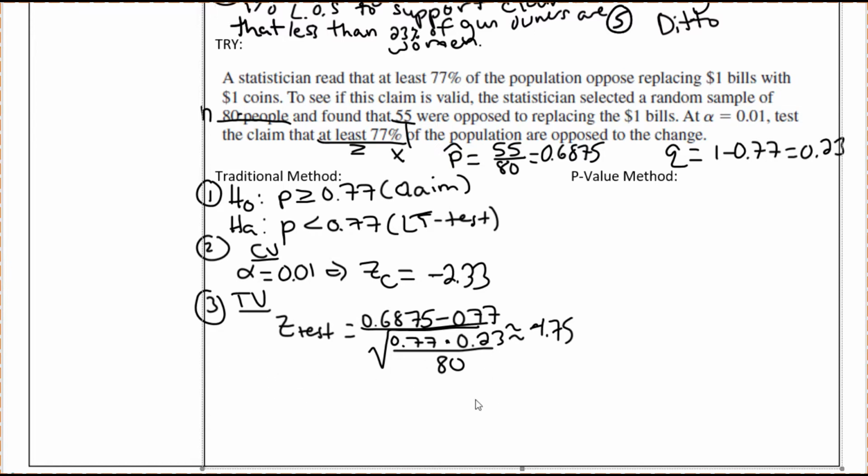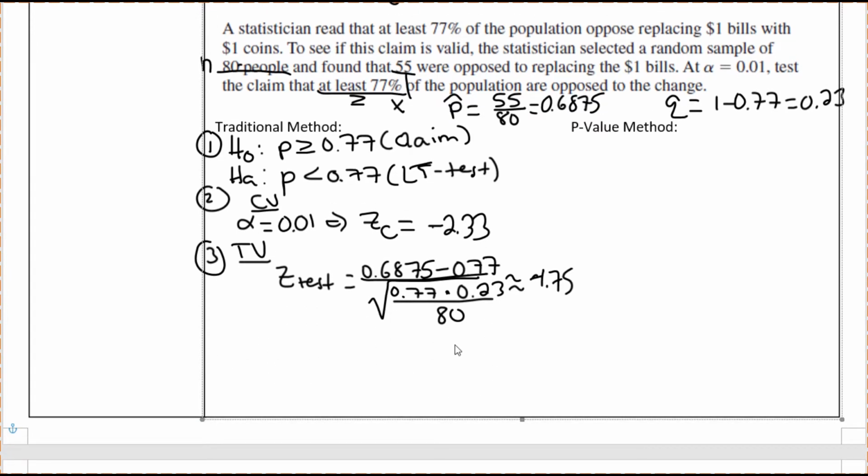So now what we're going to do is draw the curve and label our test value and our critical value. Since we are looking at a left-tailed test, this means we only have the one critical value. So I'm going to say 0. I'm going to focus on the left side. So we got negative 1.75 for the z test.